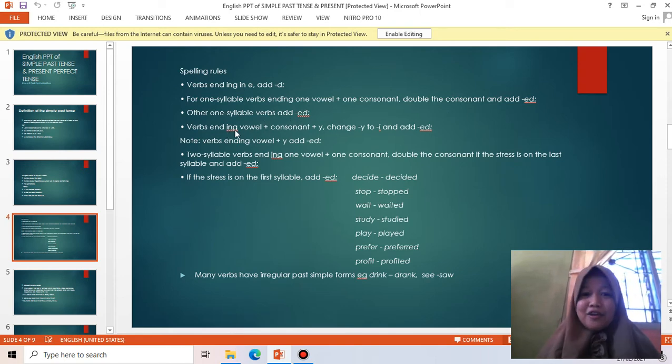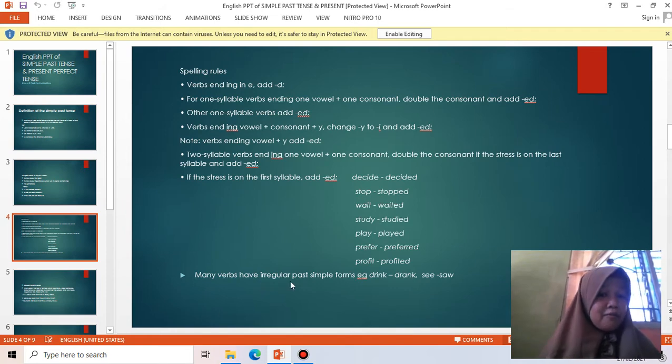Verbs ending in consonant plus y, change y into i and add ed. And here are examples. Decide becomes decided. Stop becomes stopped. Wait becomes waited. Study becomes studied. Play becomes played. Many verbs have irregular past simple forms, like drink becomes drank, see becomes saw.